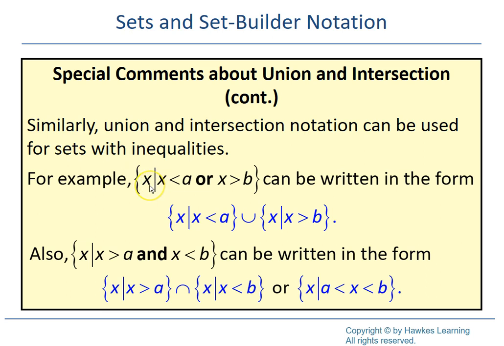We're saying X, and as we read this vertical line is read as such, X such that X is less than A, or indicating union, X is greater than B. Now this is in set builder notation.